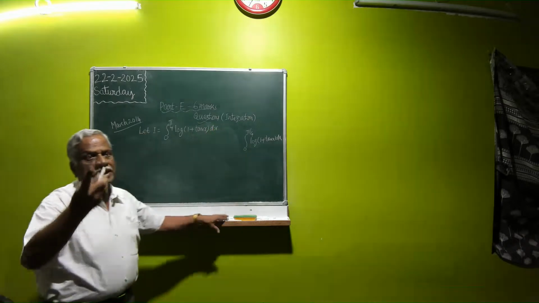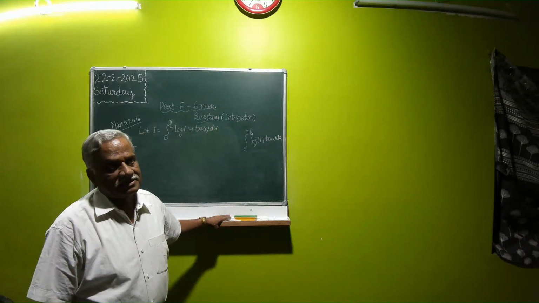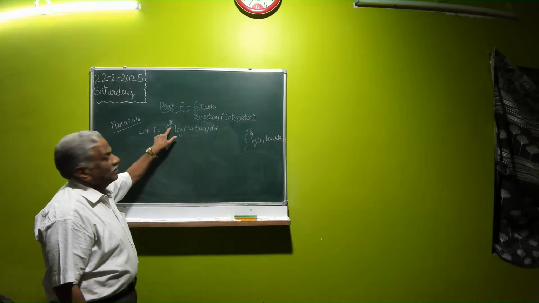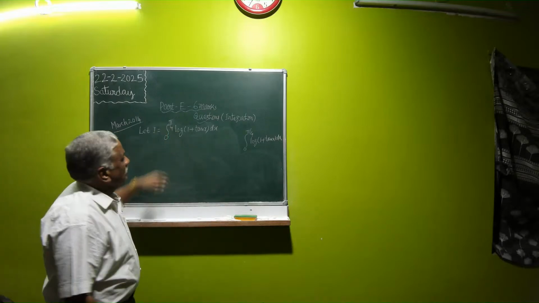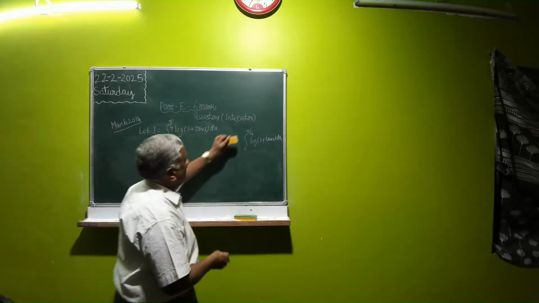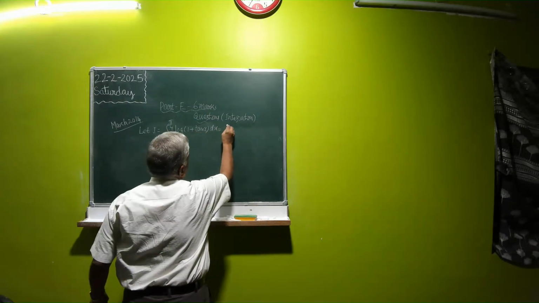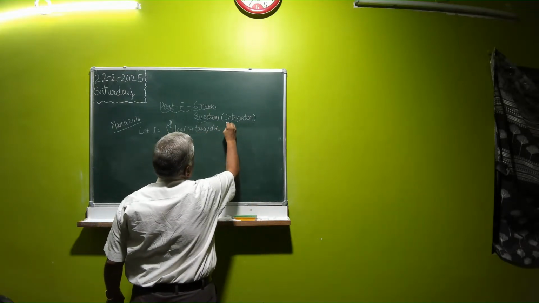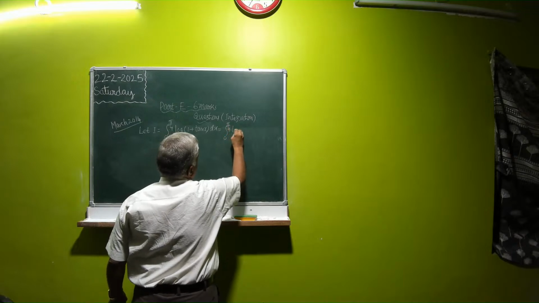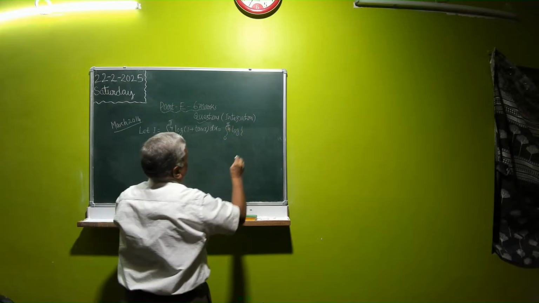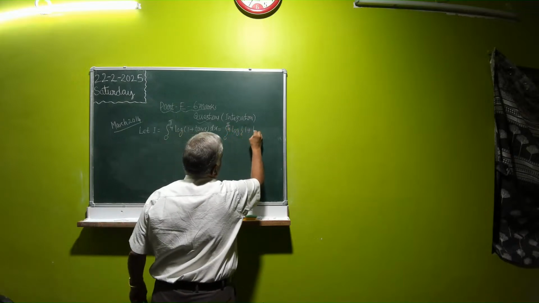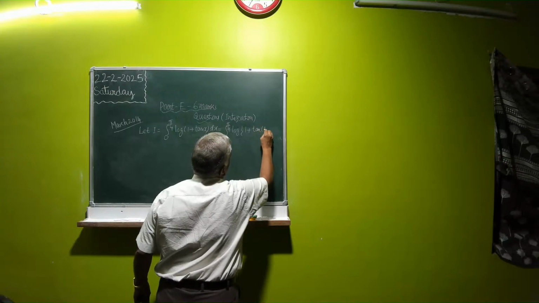So we know integral 0 to a f of x dx equals f of a minus x, where in place of a you have got pi by 4. Therefore we write this as integral 0 to pi by 4 log of 1 plus tan of pi by 4 minus x.